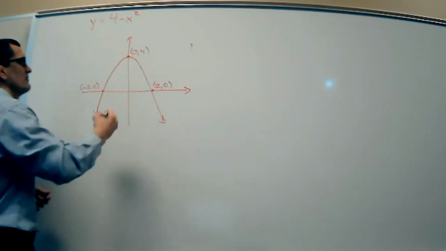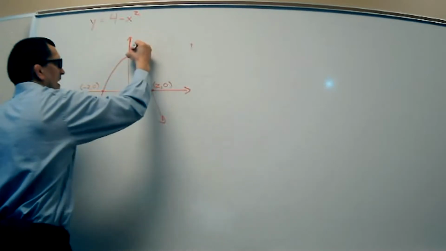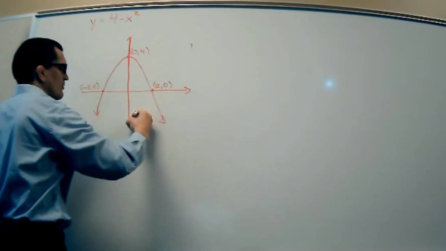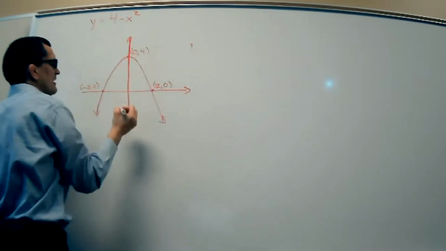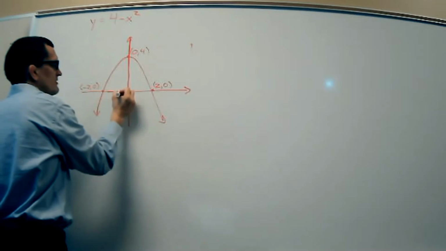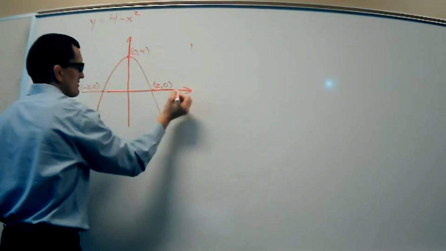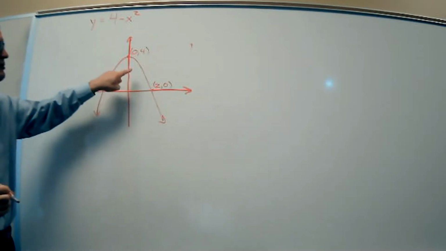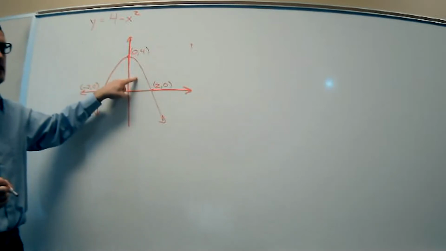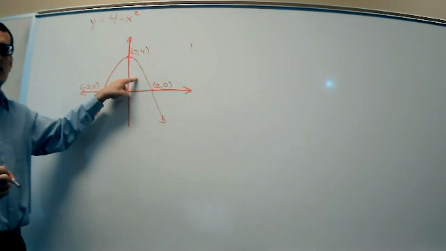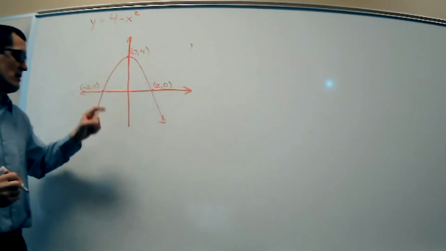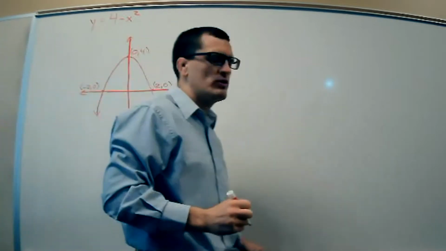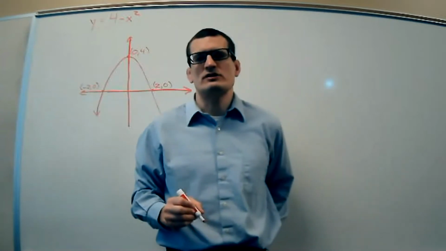The other two curves, one is the line x equals 0, that's the y-axis. And the other is the line y equals 0, that's the x-axis. So notice that creates two different bounded regions. But our example said that we're looking at the region in the first quadrant.